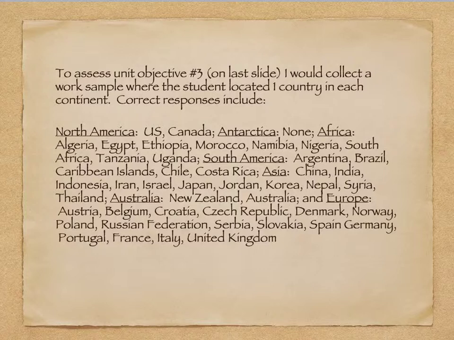Correct responses include, and I've listed the continents and the countries that would be the correct responses. Notice that Antarctica does not have any wind turbines, so it would be appropriate that the students would say Antarctica has none. I had to go and do research in order to know this. I just did not know this off the top of my head.